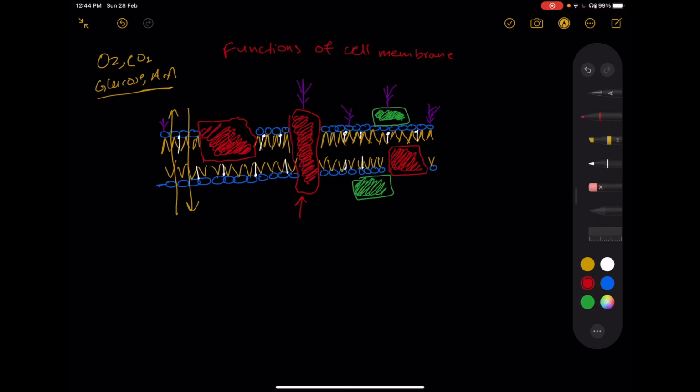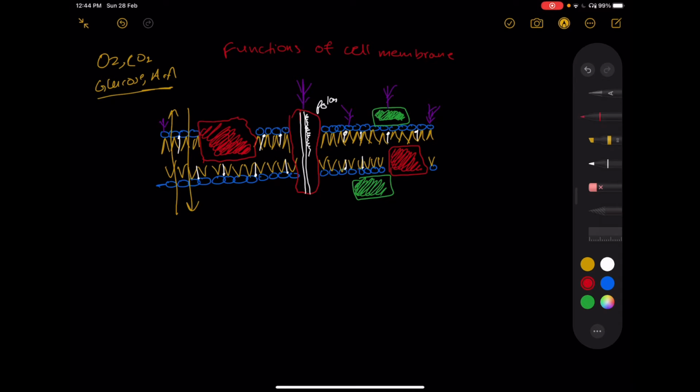I'll talk about this in detail in later lectures, but essentially what you need to know right now is that these proteins have a channel running in between them, and the amino acids surrounding these channels are polar.